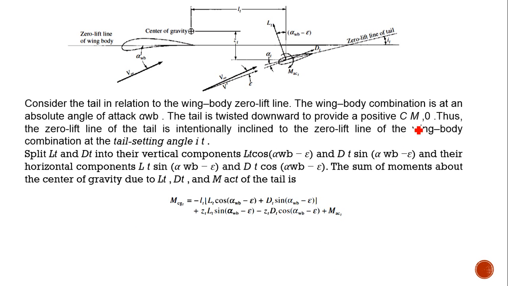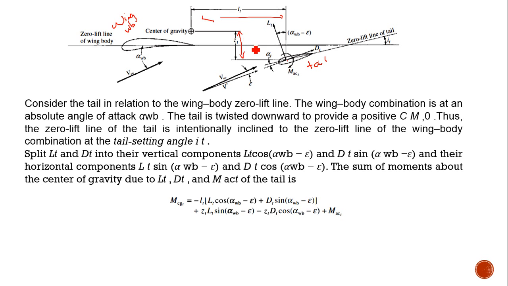So here we have the diagram for the wing. This is the wing body part, and this is the tail part. You can see this here. There are some notations. The tail plane is at a distance of LT from the center of gravity, and it is at a height of ZT from the center of gravity.